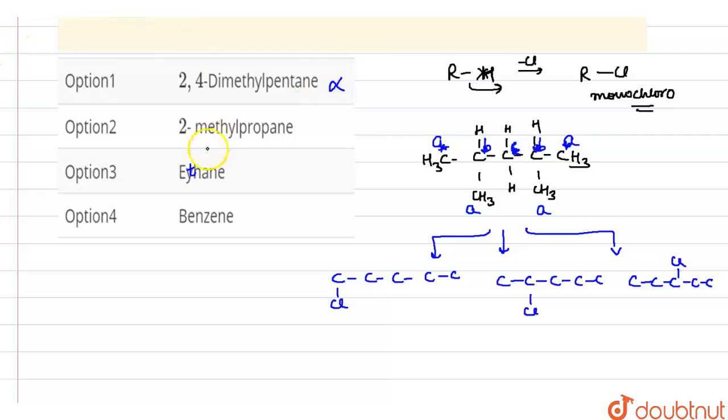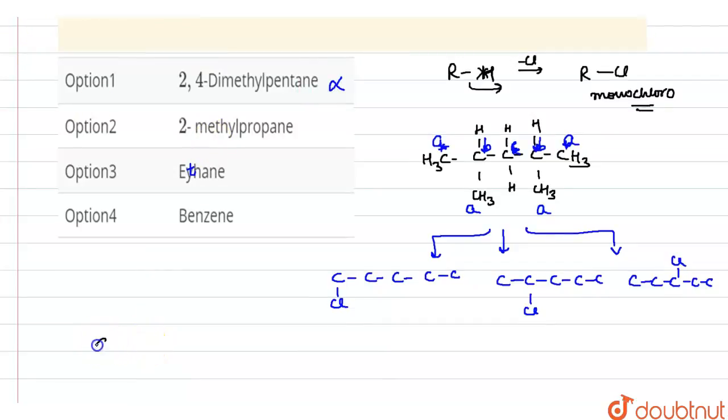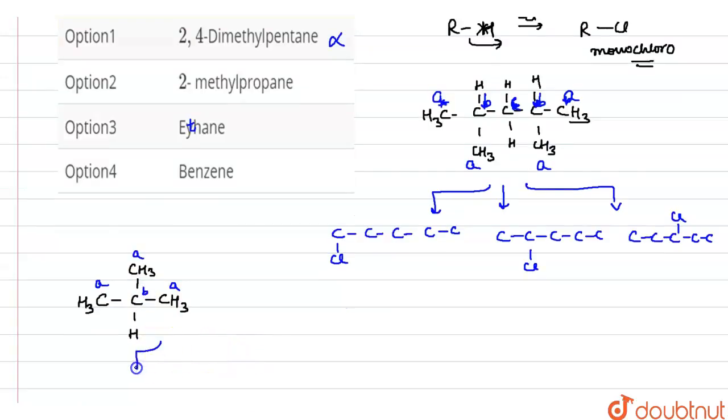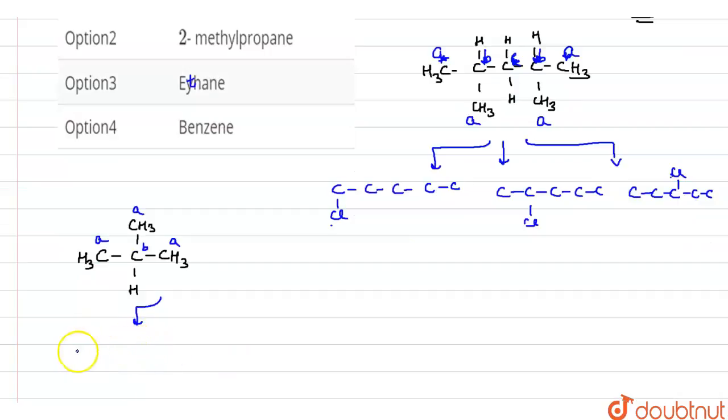Next, moving on to the second structure, which is 2-methyl propane. Propane means three carbons are there, and here this is hydrogen. When we see this structure, we have two types of carbons. This is the first type of carbon and this is the second type of carbon.